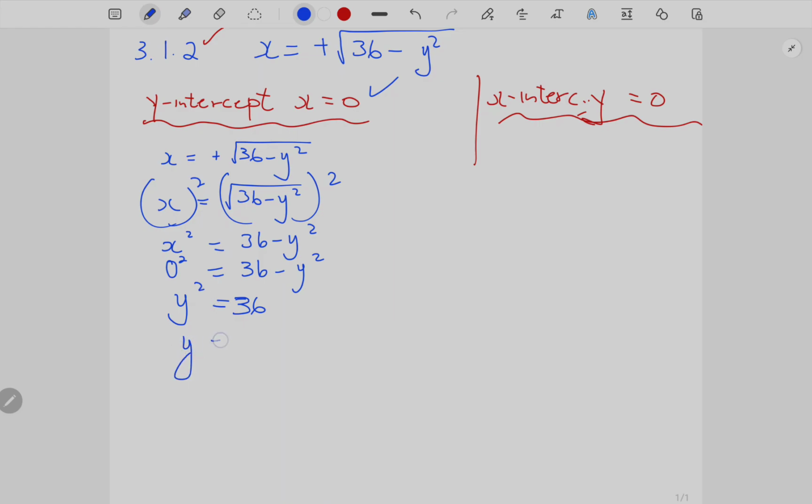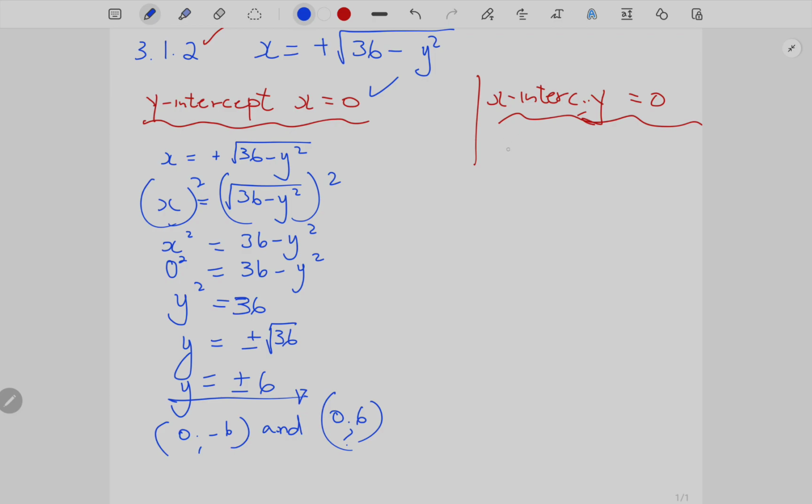Therefore, y is going to be plus or minus square root of 36, which gives us plus or minus 6. It means when x is 0, our y is negative 6, and also there are 2 y values. When x is equal to 0, the next y is equal to positive 6.